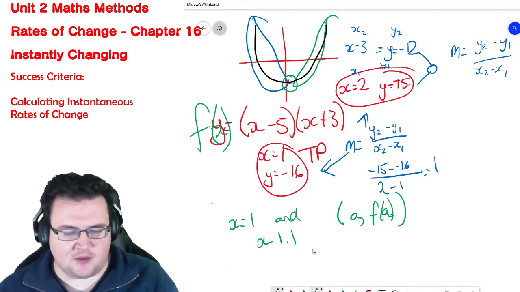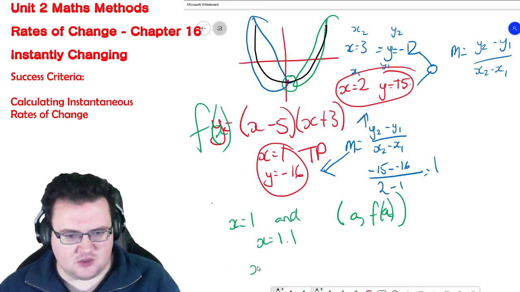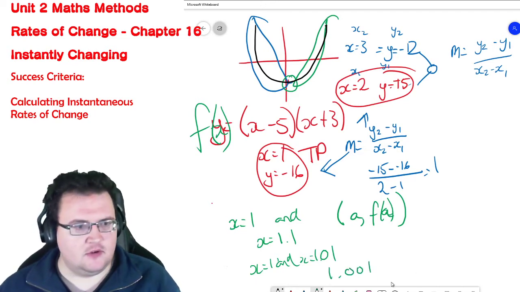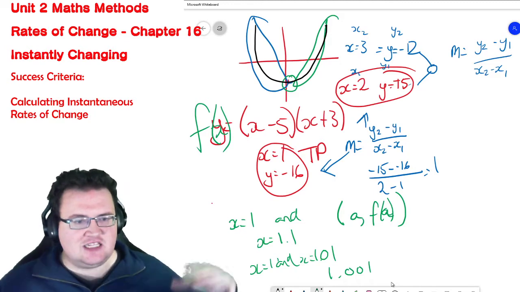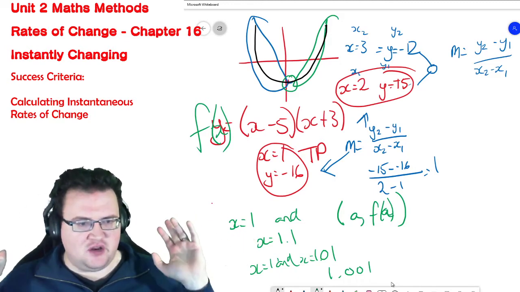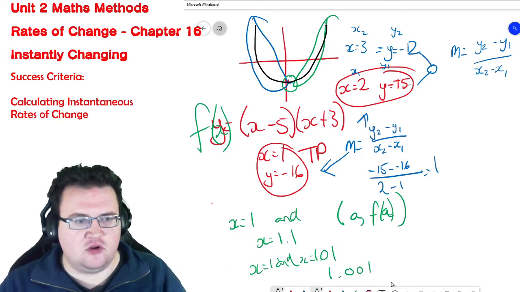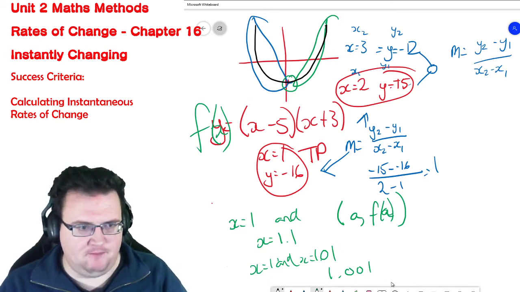And then I'm going to make that gap even smaller, between x equals 1 and x equals 1.01 and 1.001. And what you're going to see is that those values are going to converge towards a particular number. They are going to get smaller and smaller each and every time.